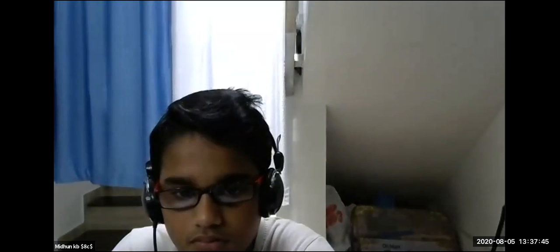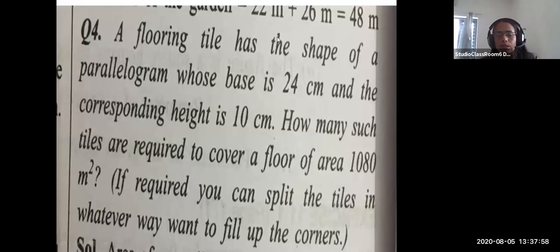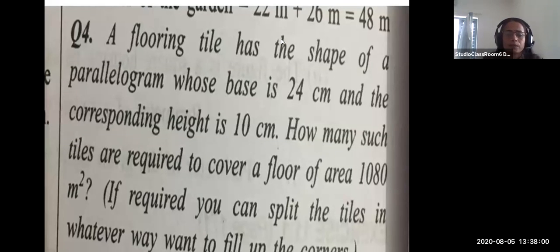Fourth question from exercise 11.1. Write the question. Exercise, page number 121. I will show the slide if you want. I ask all should take your textbook with you.